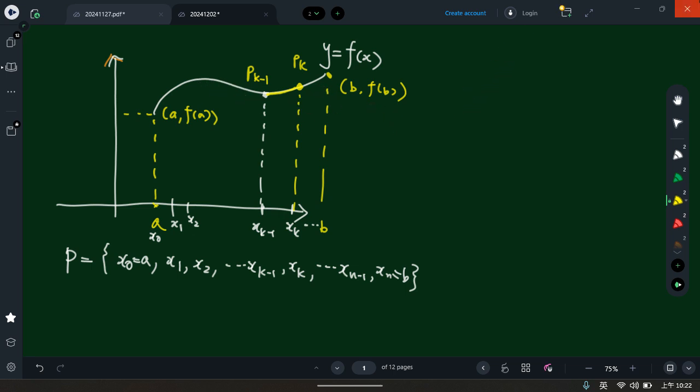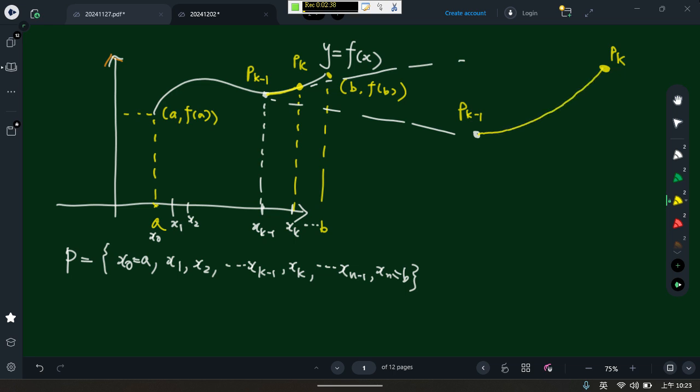So let's focus on this part. We enlarge this part: here is P(k-1), and here is Pk. Then this is a true curve, right? I just enlarge this portion to this one.